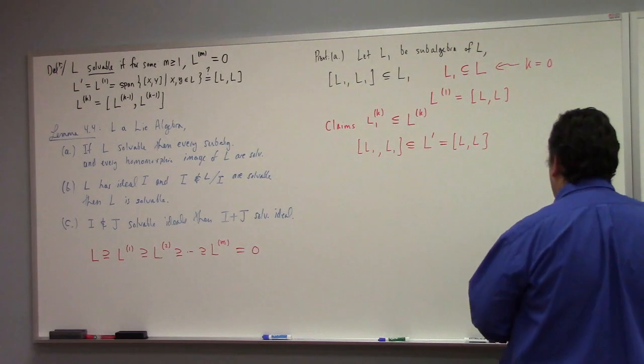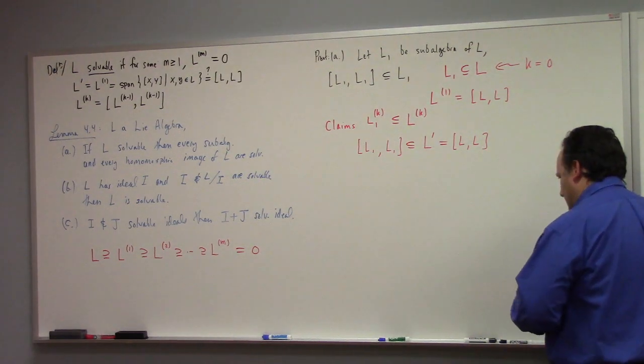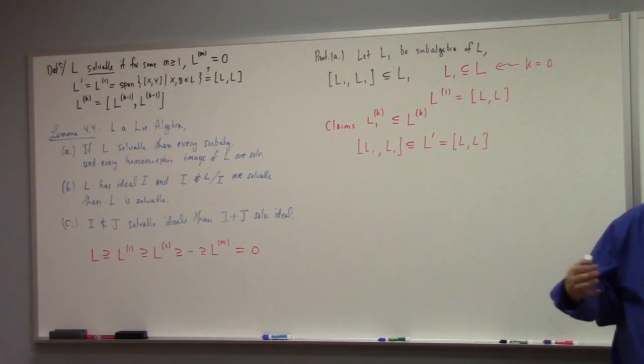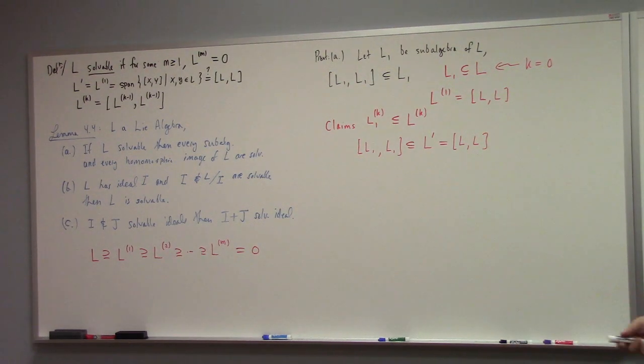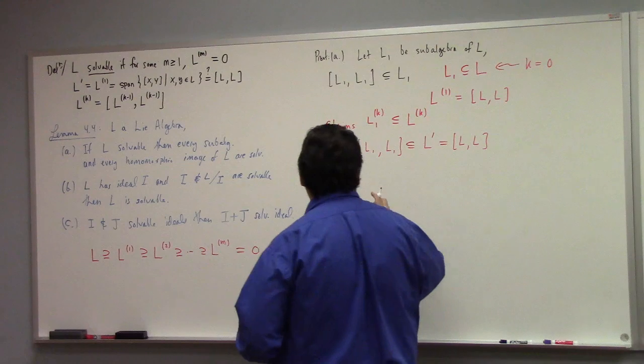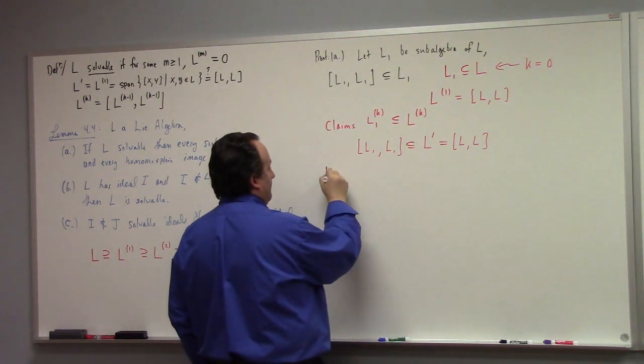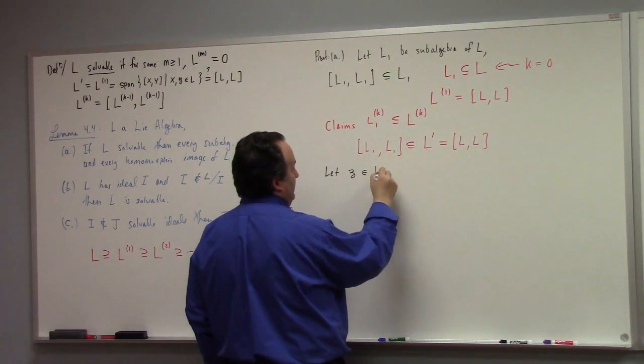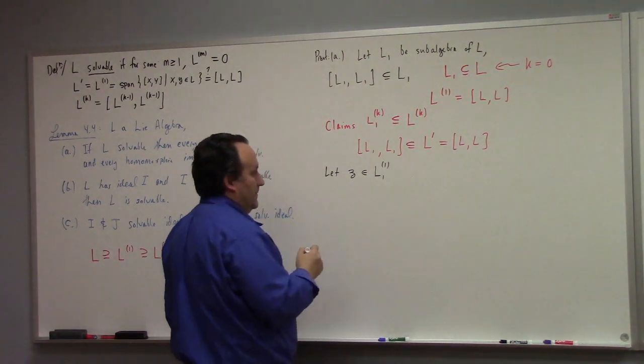I have a moment of doubt here, so let's work it out. How do you work it out if you're not sure about something? Pick an element. Let Z be an element of L1, 1.